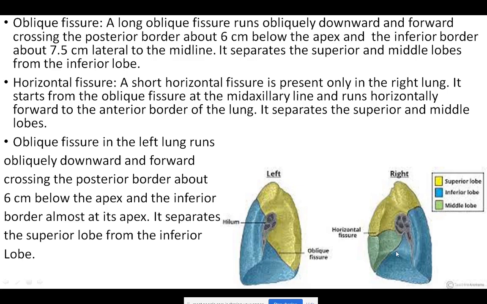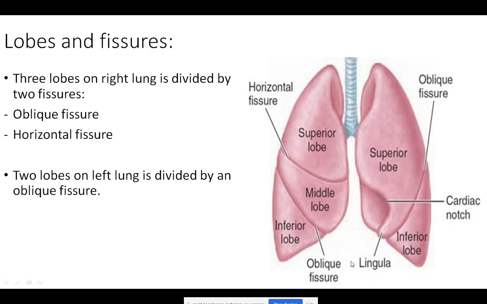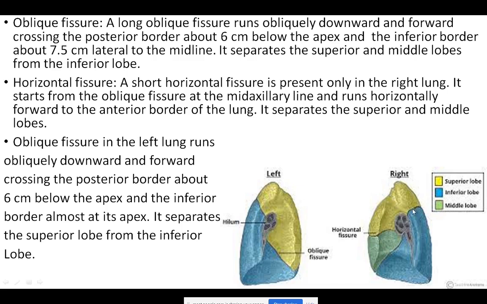Okay, it started like this, then from the medial surface it crossed and it also divides the middle and the inferior lobe, and posteriorly it crosses the posterior border of the right lung.